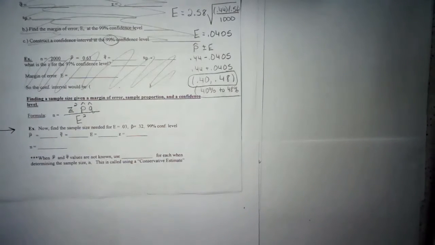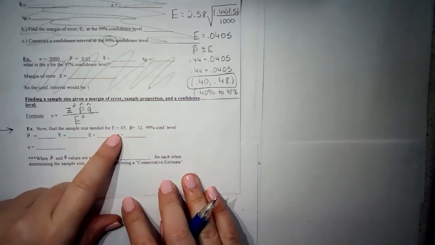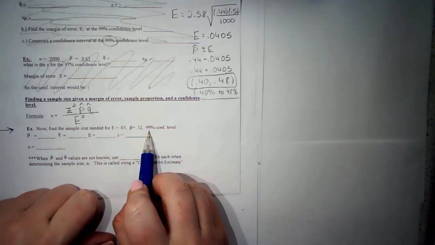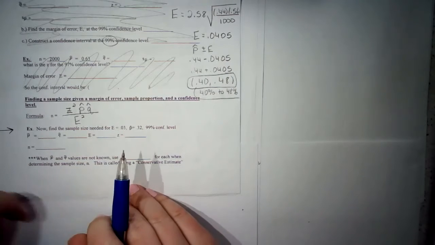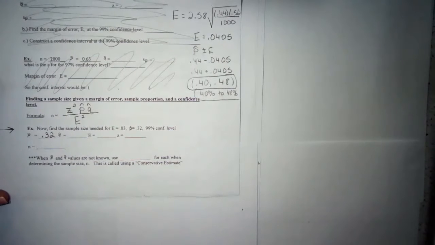Okay, so let's practice this then. Let's say we want to find the sample size needed for a margin of error of 0.03, a p hat of 0.32, and a 99% confidence level. Okay, so let's put our information in. We know p hat, they gave it to us. It's 0.32. Now we need q hat though.